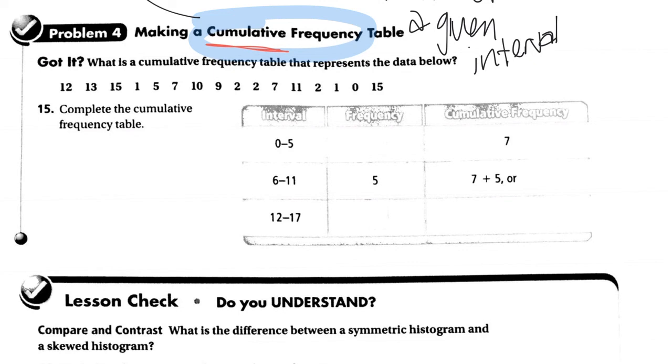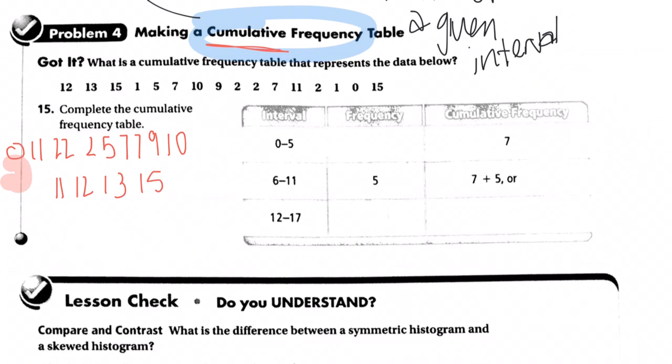So I'm going to put it from smallest to biggest: 0, 1, 1, 2, 2, 2, 5, 7, 7, 9, 10, 11, 12, 13, 15, 15.